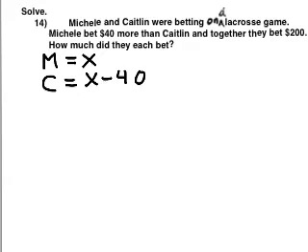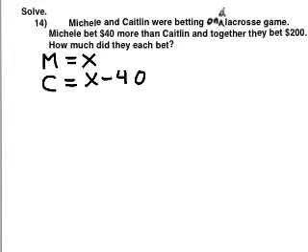Or we could do it the other way around: Caitlin is X, and Michelle then would be X plus 40, because Michelle would have 40 more. It depends on how you want to do this. Let's do it this way this time. Michelle is X, and Caitlin is X minus 40 because Michelle bet $40 more.